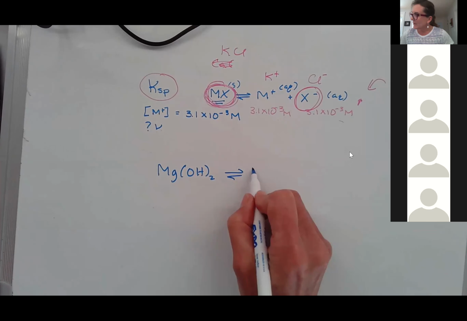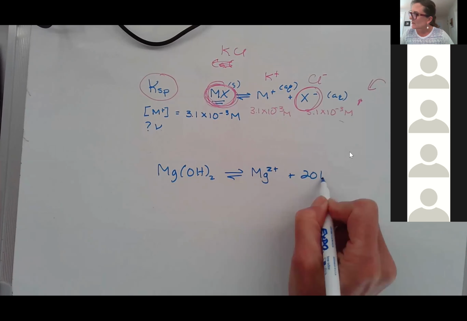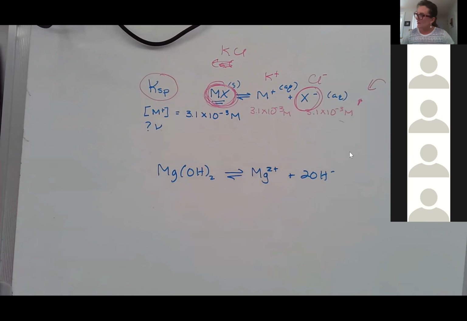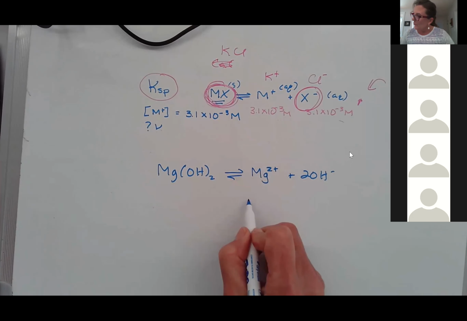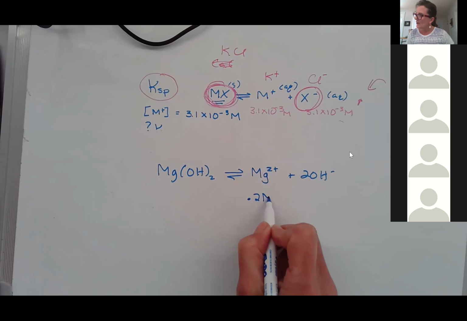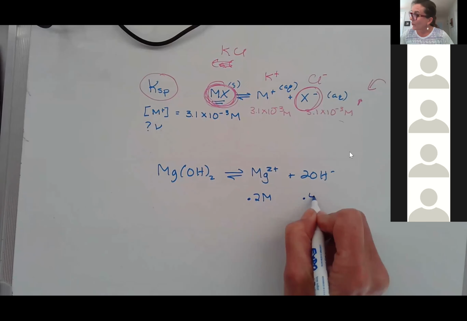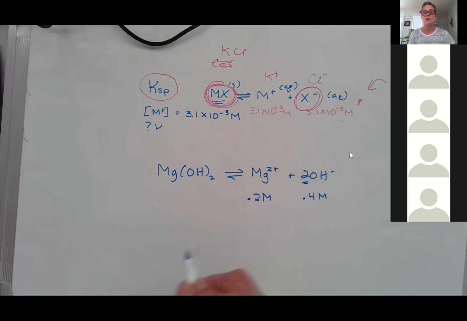That will split up into Mg 2 plus and 2 OH minus. If we were given a concentration of 0.2 molar of magnesium, we would know that the concentration of the hydroxide is 0.4 molar because of the 2.